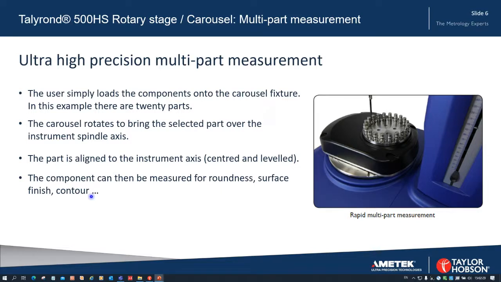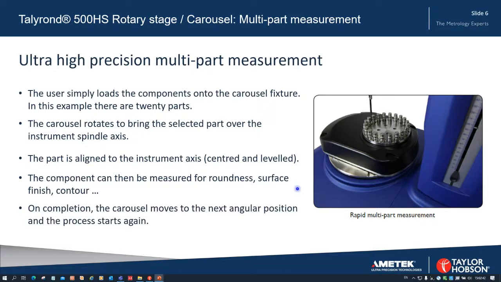It's also possible to fix a calibration ball as one of these items in order to calibrate the gauge and stylus as part of that process. On completion, the carousel moves to the next angular position and the process starts again.